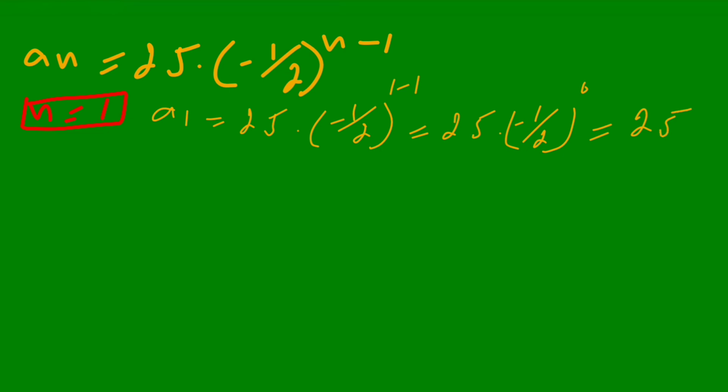This portion is equal to 1, and 25 multiplied by 1 is 25. Okay, next question, we put n is equal to 2.